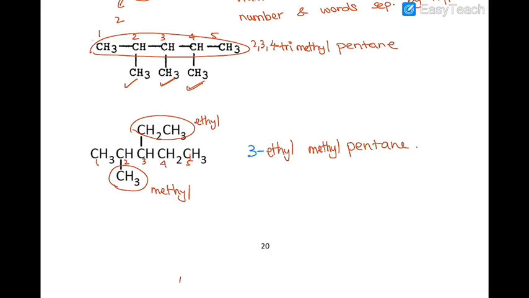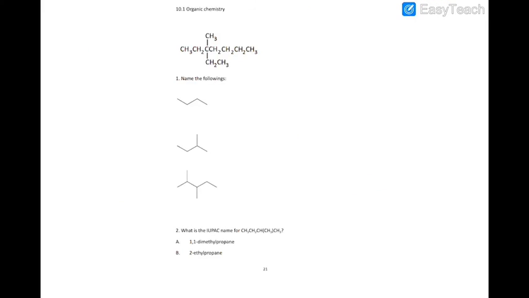Remember, words and numbers are separated by hyphens. 3-ethyl-2-methylpentane. So the methyl chain is on the second carbon here, and the ethyl chain is on the third carbon here. Okay, so this is the proper naming here. So you're going to try to name a few compounds that we'll then see together.